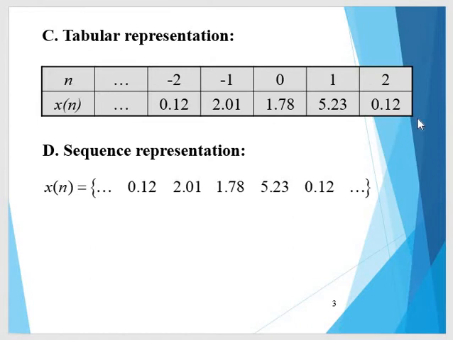Now if you plot the graph, with x-axis and y-axis: n equals -2, x[n] equals 0.12; n equals -1, x[n] equals 2.01; n equals 0, x[n] equals 1.78; n equals 1, x[n] equals 5.23. So you can plot the graph easily from this tabular representation also. You can plot the signal.